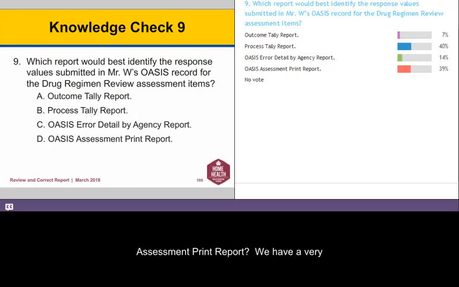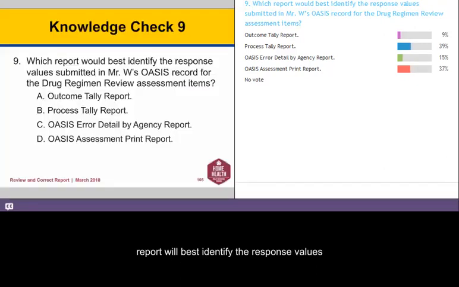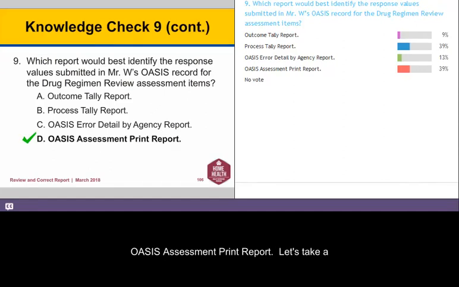We have a very mixed spread across our answers. Which report will best identify the response values for the drug regimen review assessment items? We have a small majority. We seem to be split between the process tally and the OASIS assessment print report. Let's take a look and see what the correct answer is.